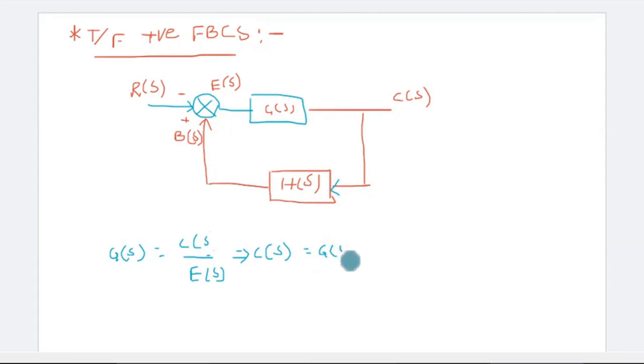Okay, try to complete the derivation now. G of s into E of s. Consider this is equation number 1. Okay, similarly find out H of s. What's the H of s? B of s by C of s. Yeah, good, ma'am. H of s is equal to B of s by C of s.